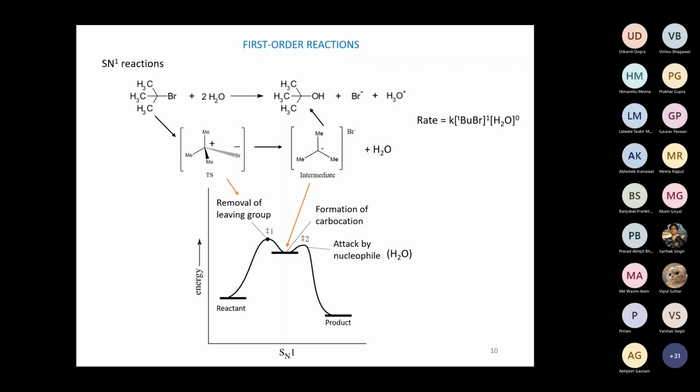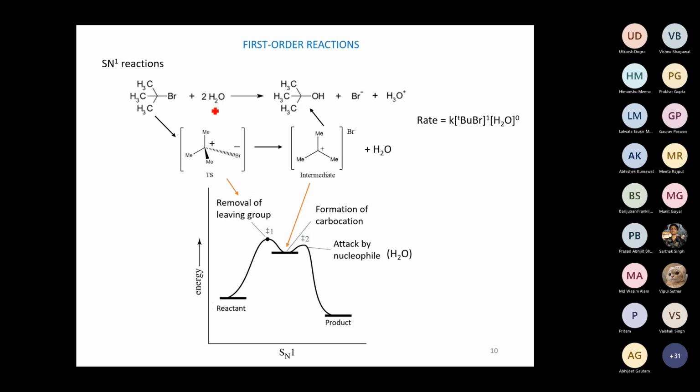This is one of the examples of a first order reaction, called the SN1 type of reaction. You may have learned it in CML 100 last year in the organic section. So what is the SN1 reaction? This is tertiary butyl bromide.